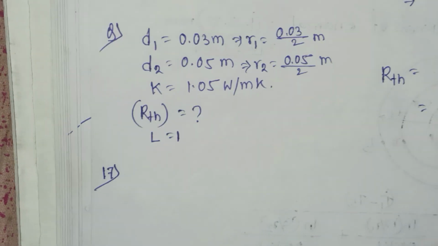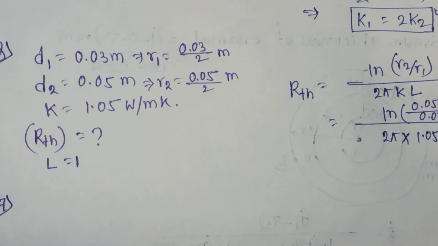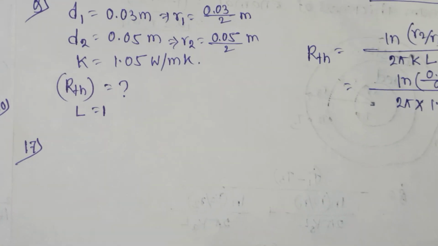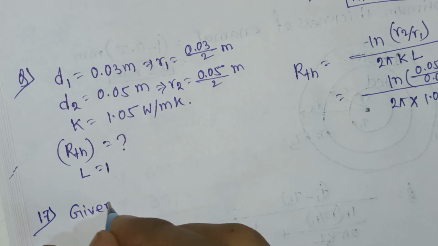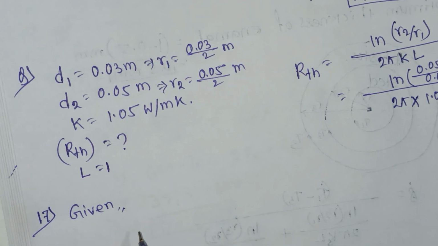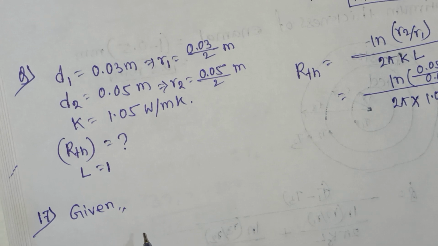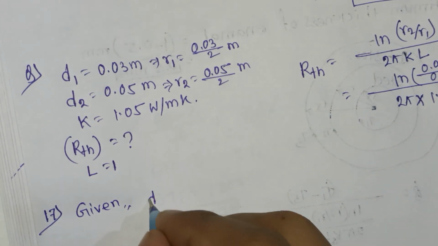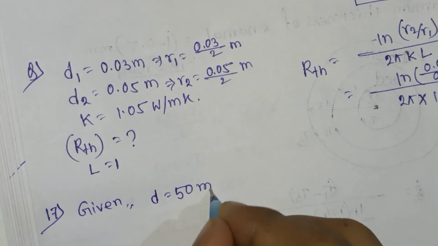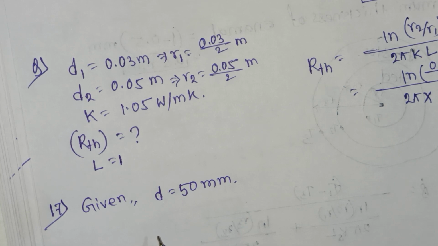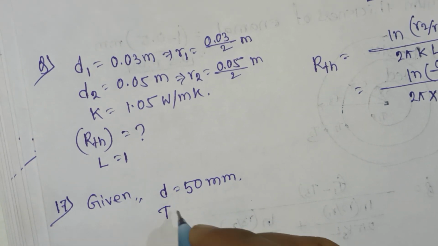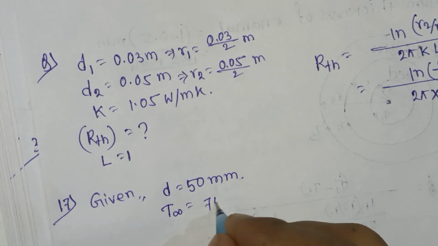So in this question, heat is being transferred conductively from a cylindrical nuclear fuel rod, where the diameter is 50 millimeter, to water. What is the temperature of water? That is T infinity, 75 degrees Celsius.